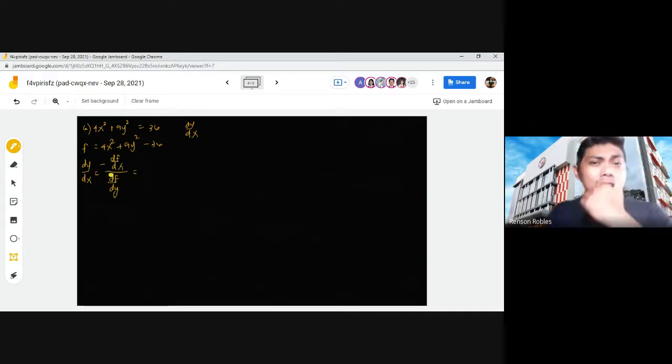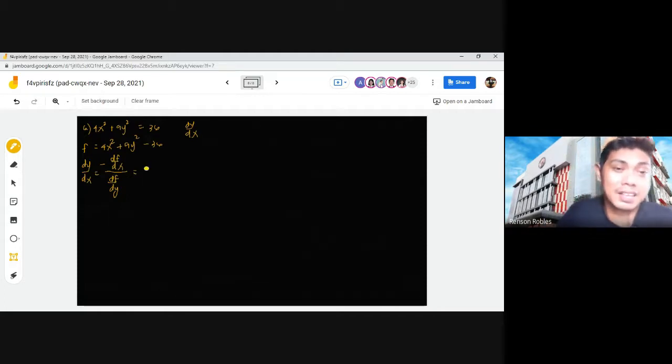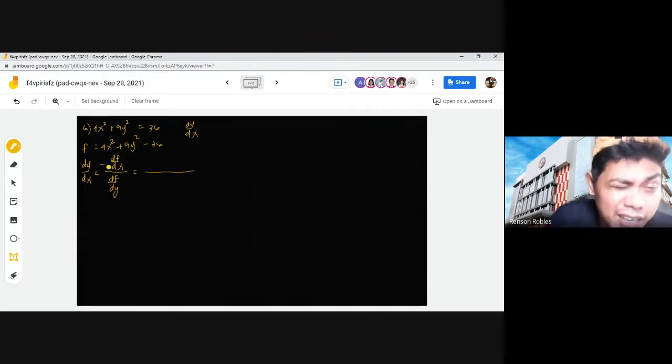This is just a modification of the previous processes that we did. As you can notice, it is already a ratio, right? So this is just a modification of the first and second methods, simplified. So negative df/dx, the derivative of this in terms of x, that's 8x, right?